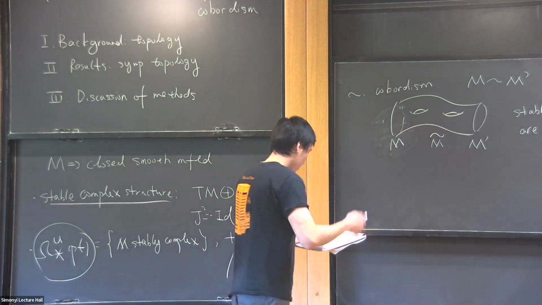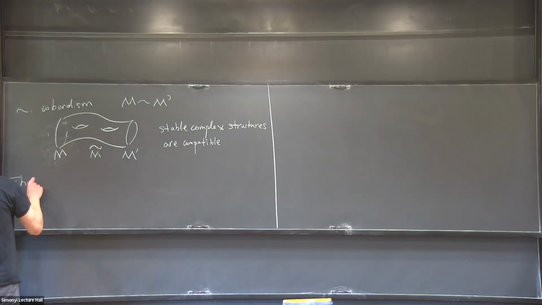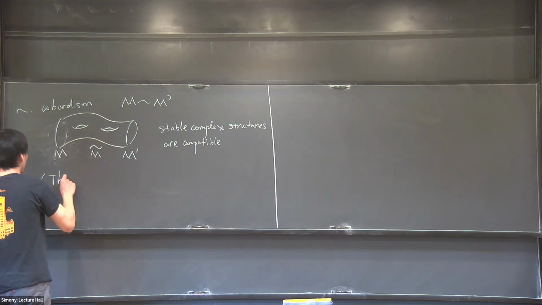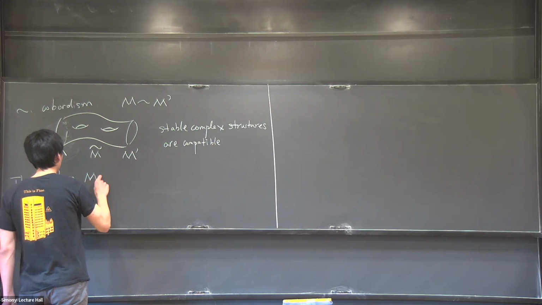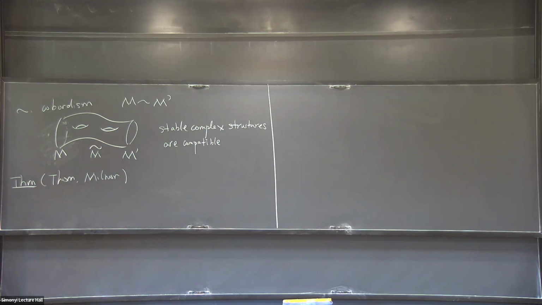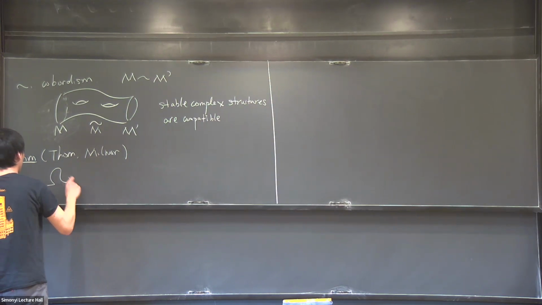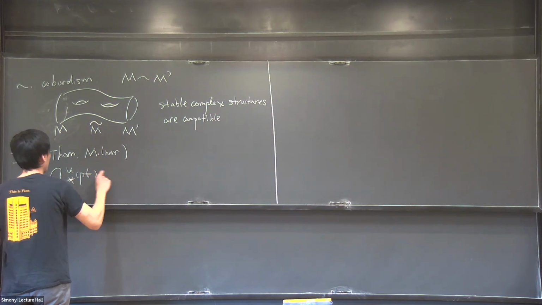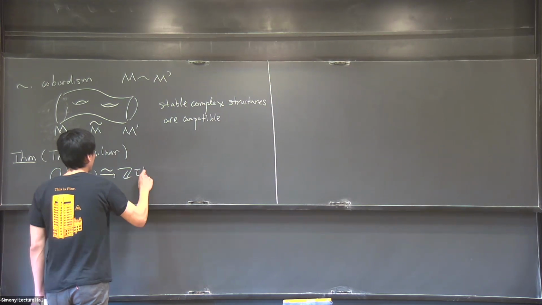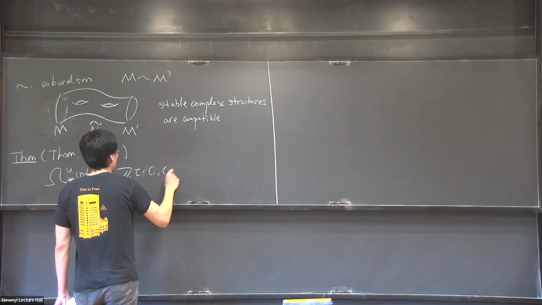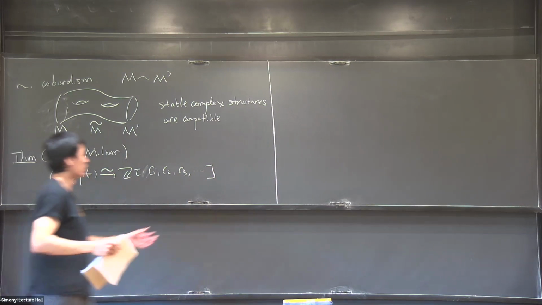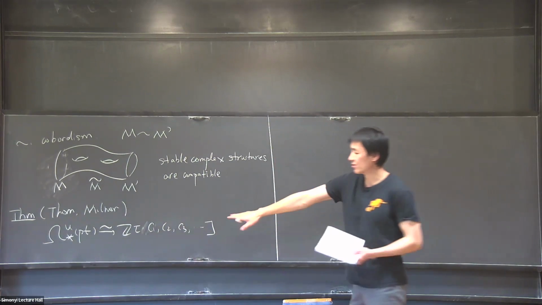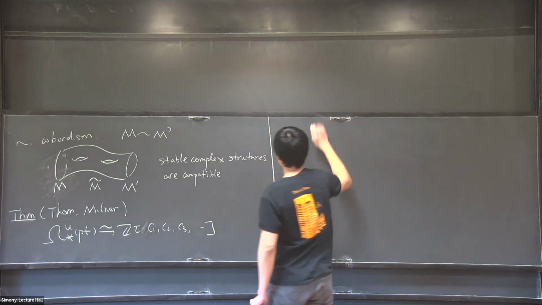All right, so here's a theorem due to Thom, and for the part concerning torsion, it's due to, I guess, Milnor, which says the following. One can compute this abelian group. It's isomorphic to such a ring. Here these variables c1, c2, c3 are of even degrees.